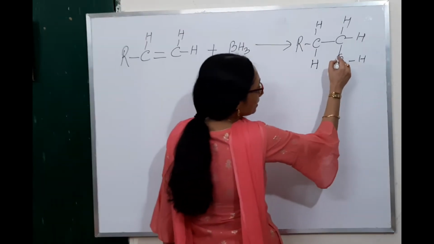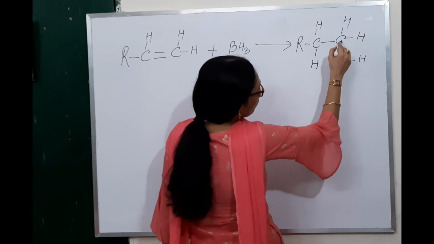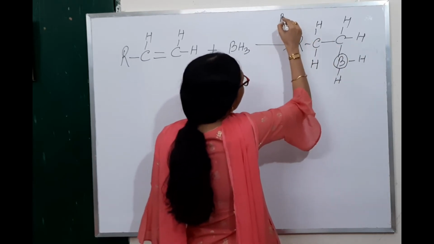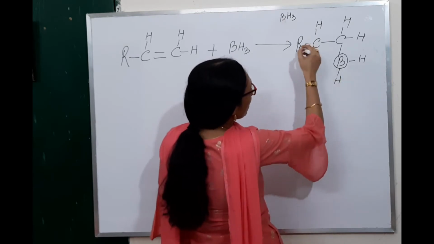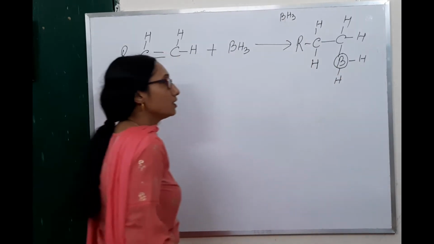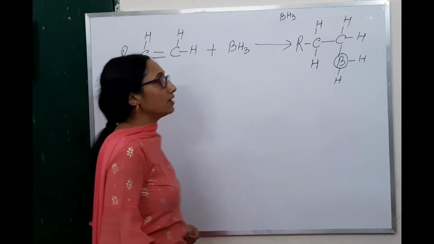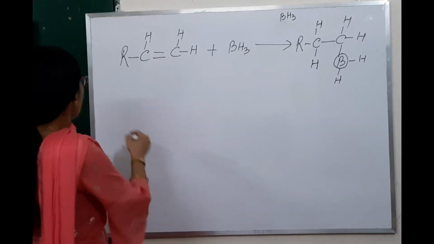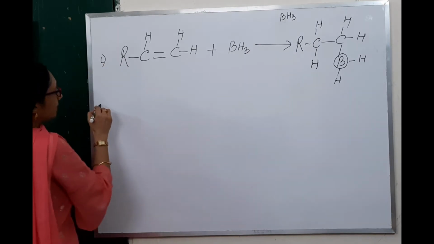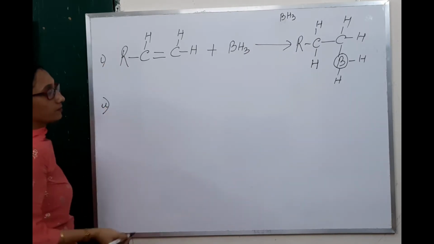See here, boron, one H of BH3 is replaced by alkyl group RCH2CH2 group. So this is alkyl boron. This is the first step. So now let us see what will happen in the second step.